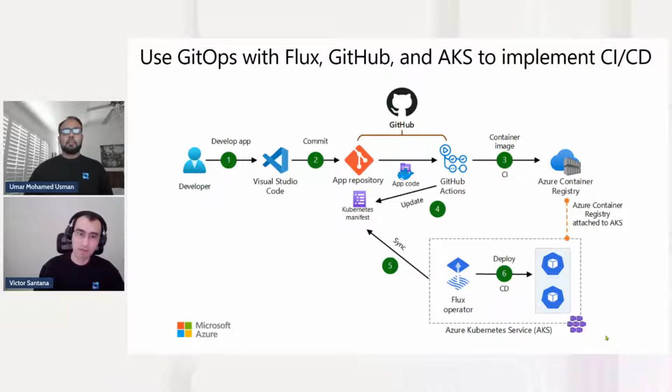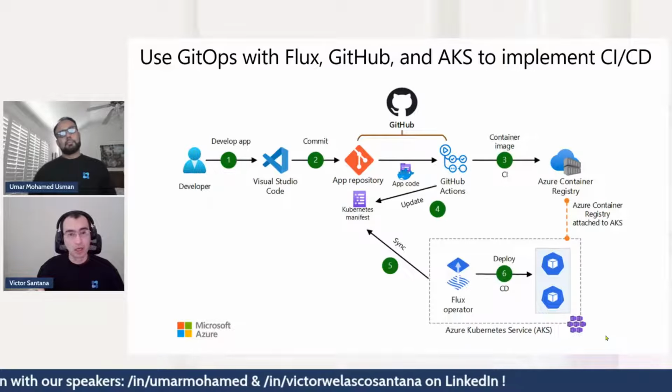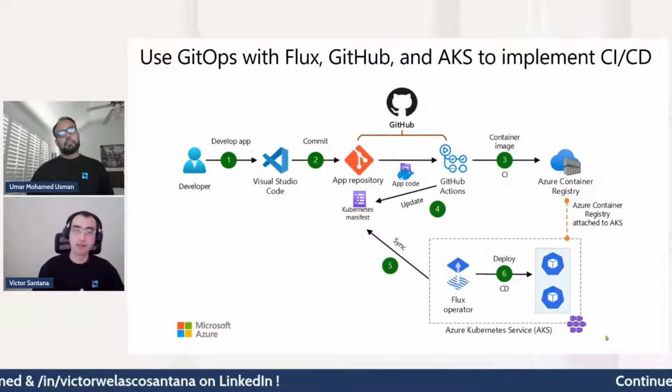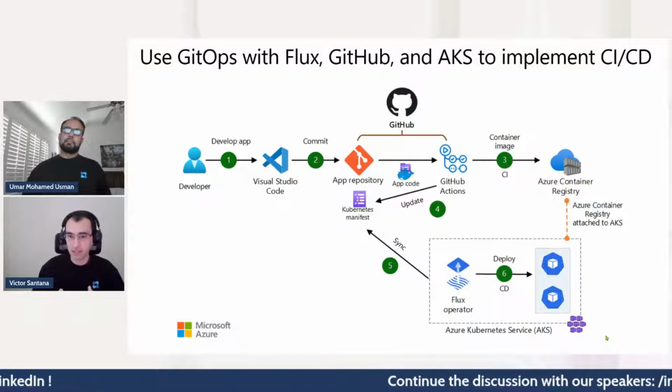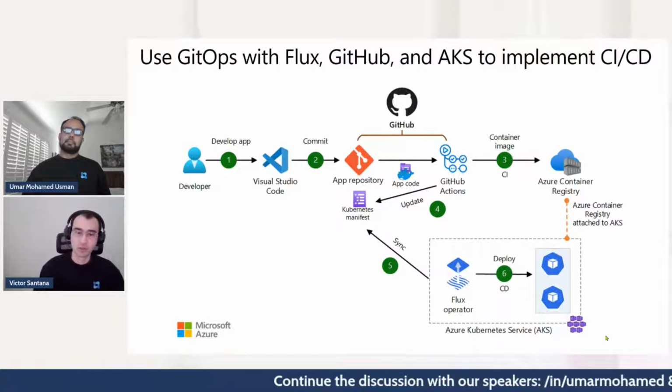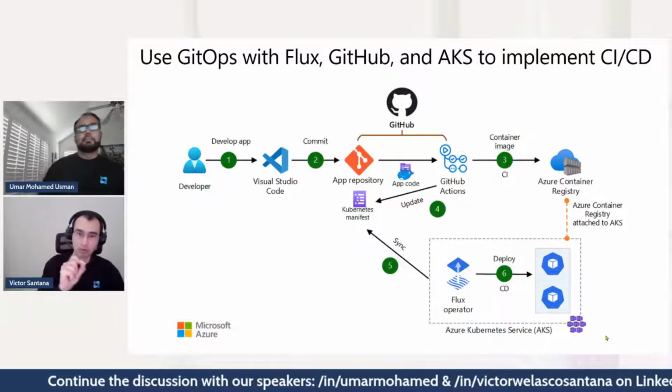And then once that happens, the Kubernetes manifest file will be updated with the latest image. Then Flux, which is watching those changes on the Kubernetes manifest, will apply all of those changes on step number 6 against the cluster. So that's, in a nutshell, how the entire process is supposed to happen.